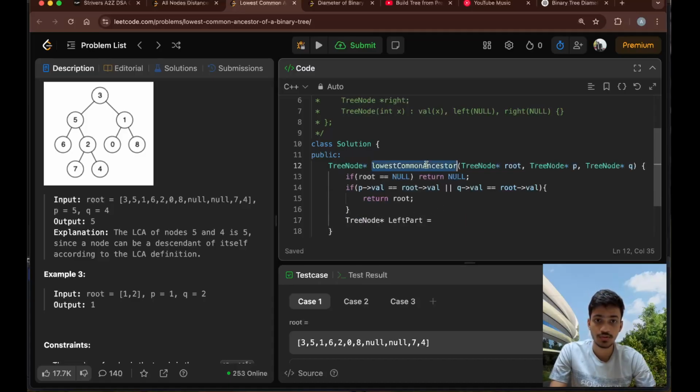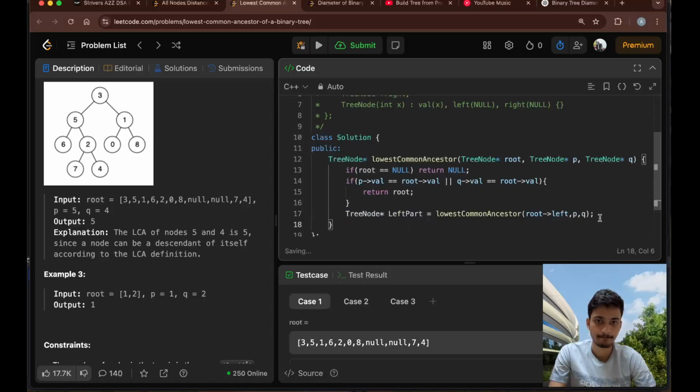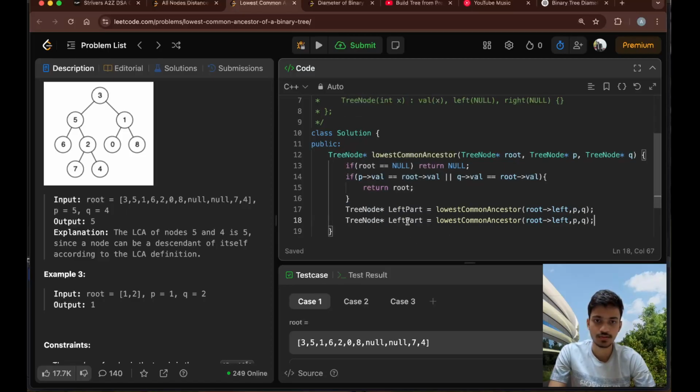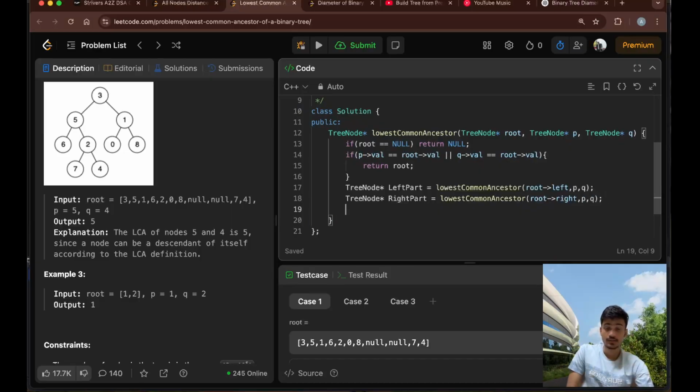We call the function on the root's left with P and Q. In a similar way, we find it for the right part.